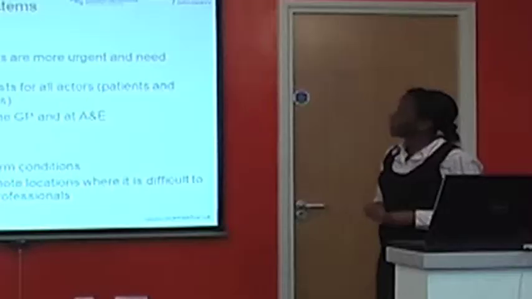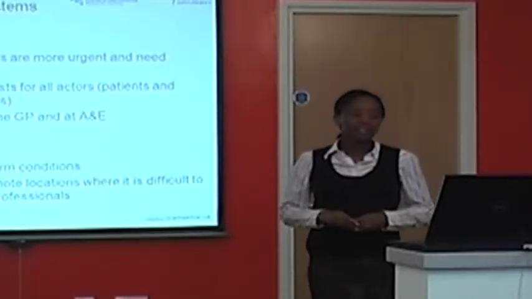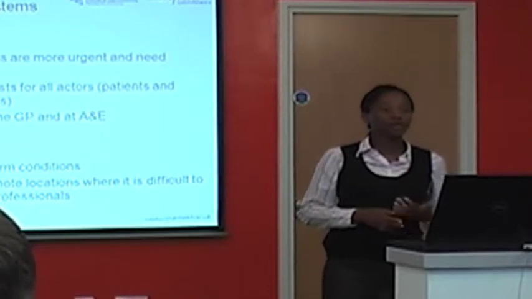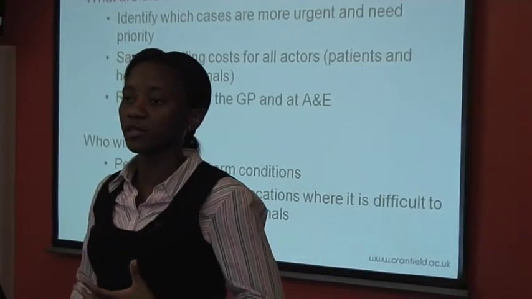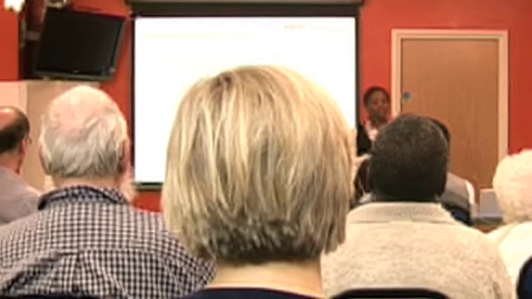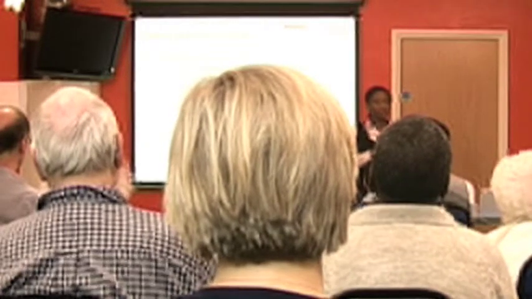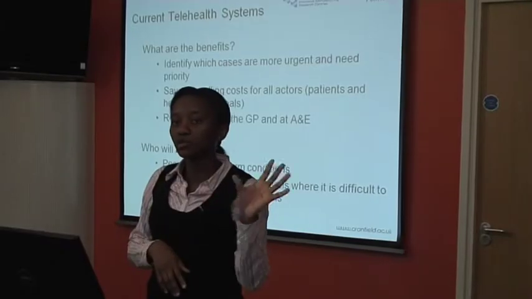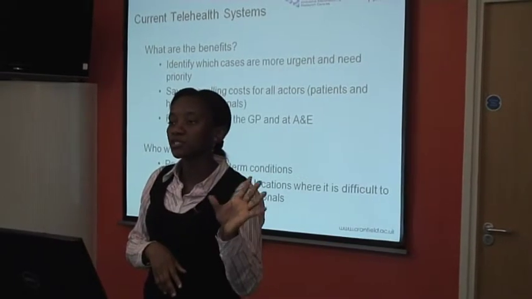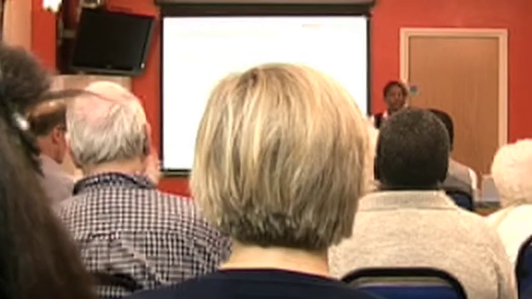So what are the benefits of telehealth systems? The first is that it helps to identify cases that are more urgent and need more priority, because if everybody's rushing off to the A&E department, they have this process called the triage process, where they have to decide who's the most important person to treat and who's the least important person to treat.